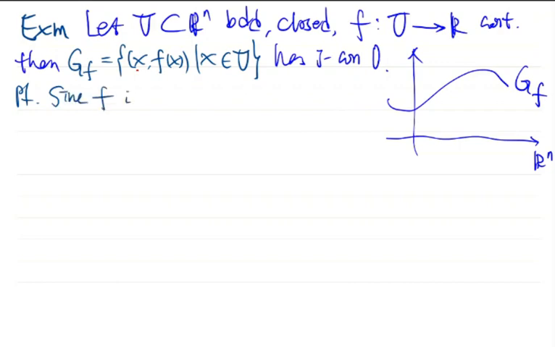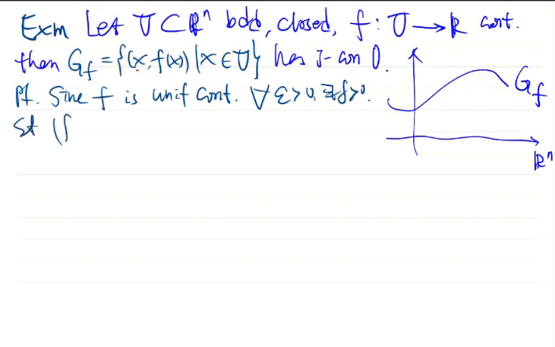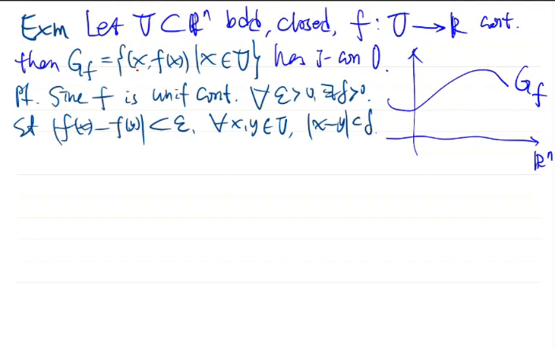Since f is uniformly continuous, for any epsilon positive, we have a delta positive such that |f(x) - f(y)| is less than epsilon for any x, y in U with distance less than delta. Okay, this is the uniform continuity.